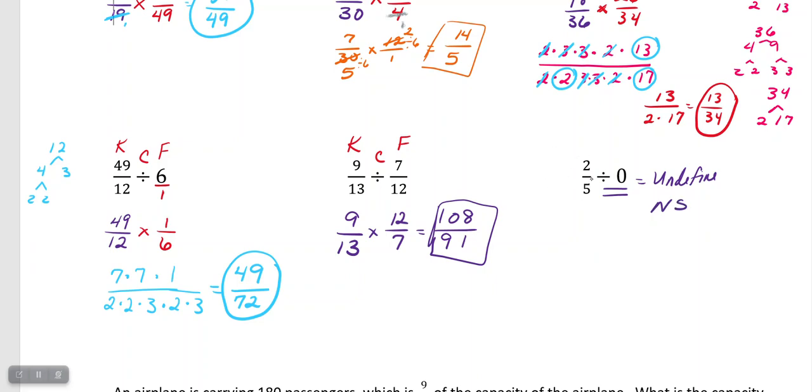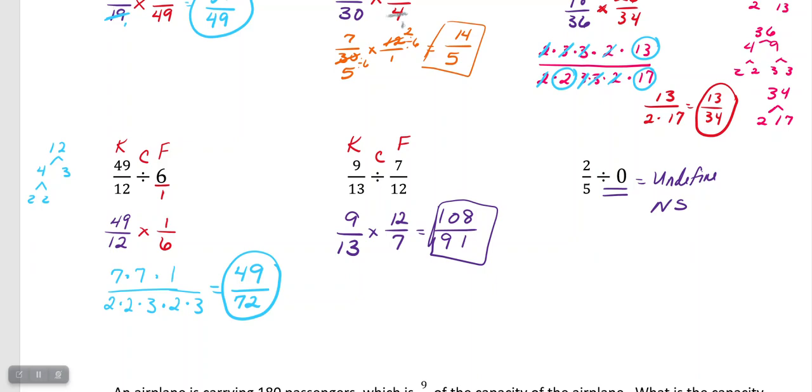Anytime you're trying to take something and put it into no sets or no groups, you can't do it, because something can't be broken down into nothing. I have something to begin with, I'm going to have something in the end. So to divide it into nothing won't happen. That's the reason it's undefined.